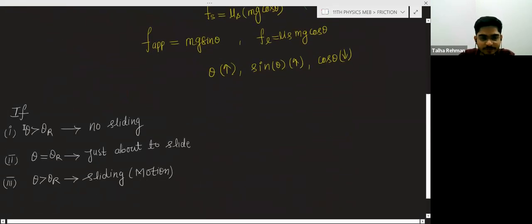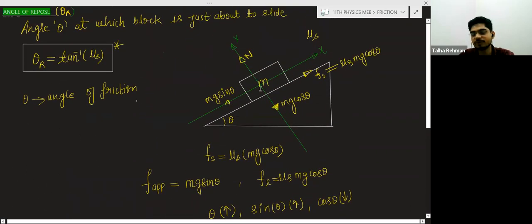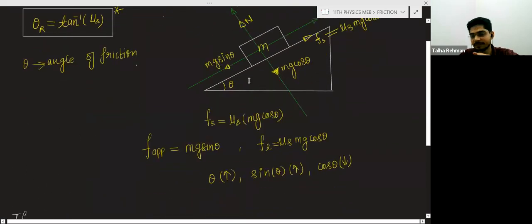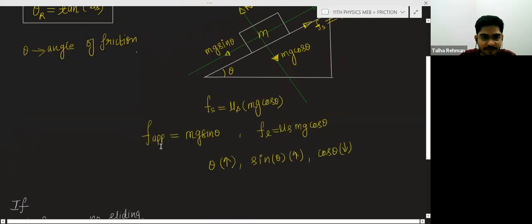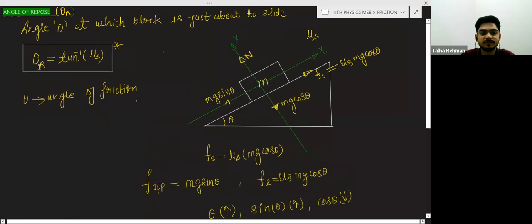So when the angle of friction becomes greater than the angle of repose, this is another condition to determine whether the block will move or not. So when theta is less than theta r, no sliding. Theta is equal to theta r, just about to slide. Theta is greater than theta r, there will be sliding motion. And remember the formula of theta r.